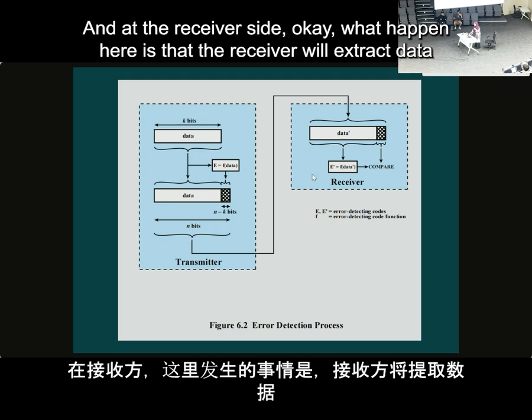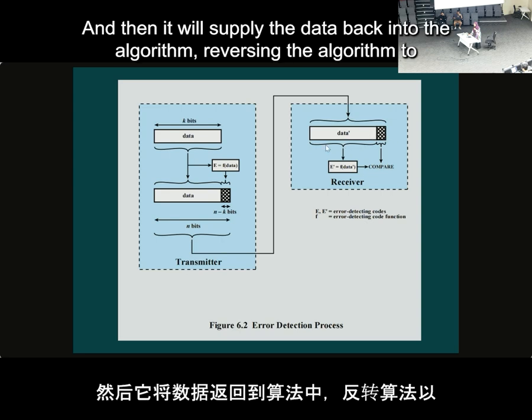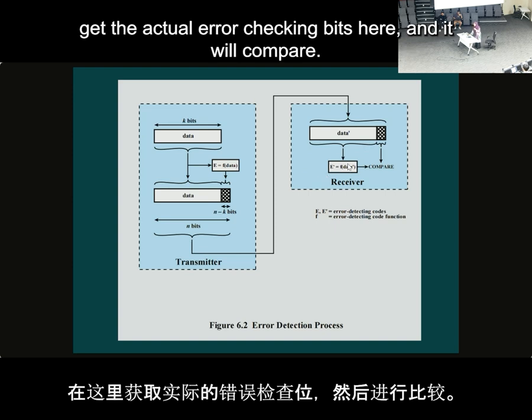At the receiver side, the receiver will extract the data and also the error coding bits. Then it will supply the data back into the same algorithm to get the actual error checking bits, and it will compare.